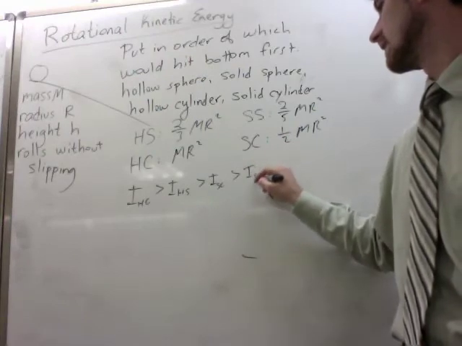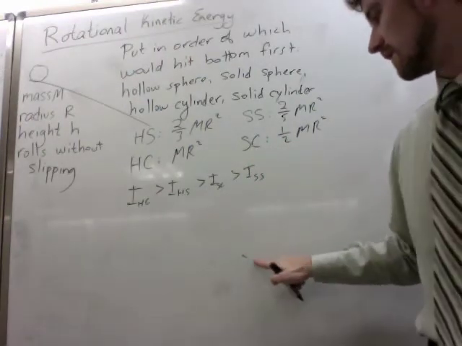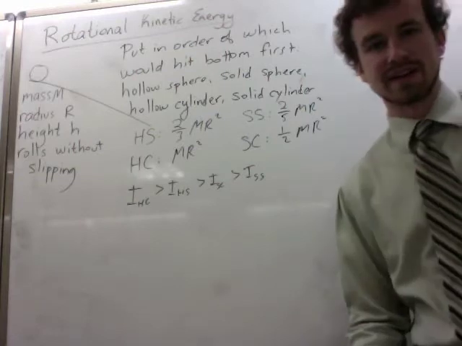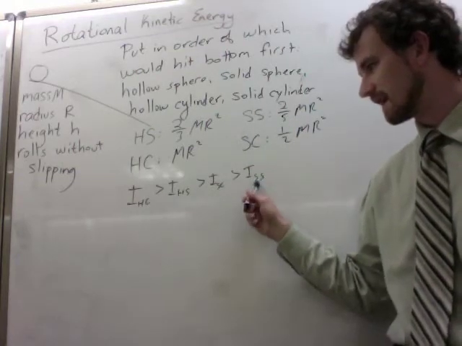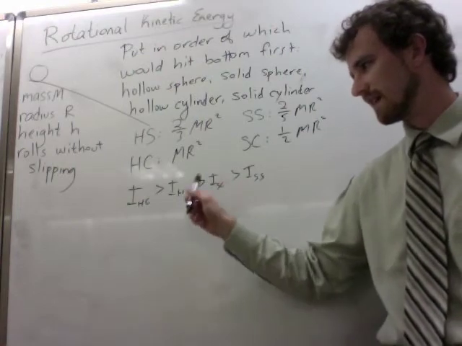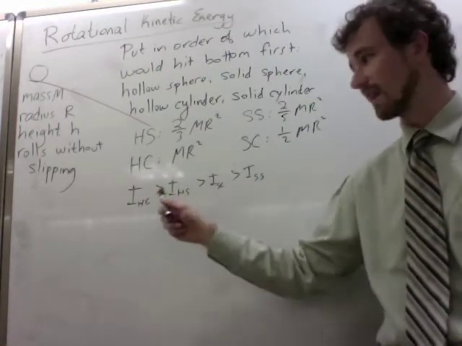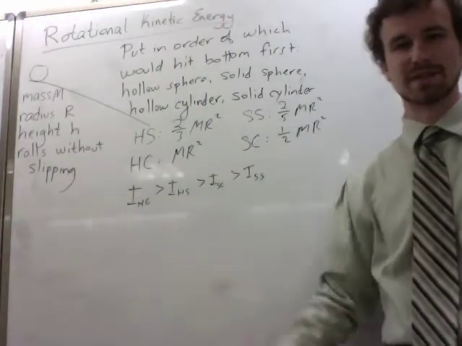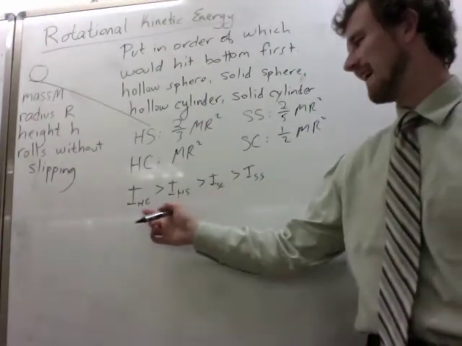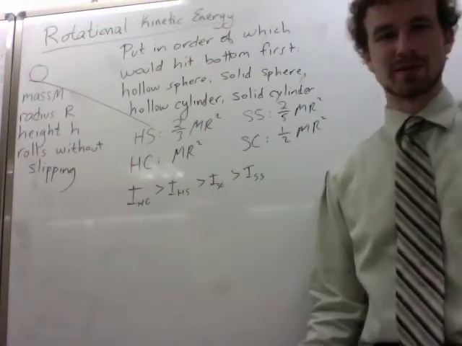So I think it's pretty obvious that the order that they'll hit the bottom in is either going to be solid sphere, solid cylinder, hollow sphere, hollow cylinder, or the other direction. Obviously, we're not going to jump around in this order.